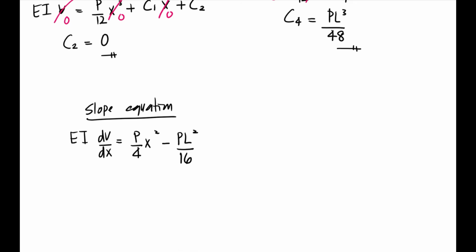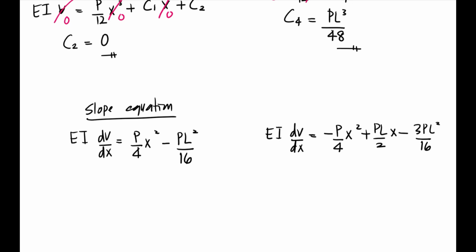Another one is EI dv over dx is equal to negative P over 4 x squared plus PL over 2 x, and you need to minus the C3, which is 3PL squared over 16.